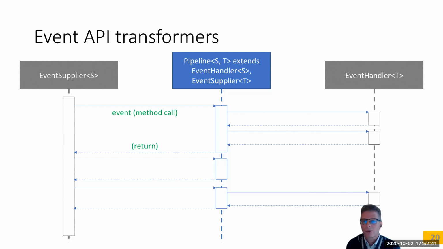Now here I've also shown what a pipeline from S events to T events looks like. This is the Java interface declaration.